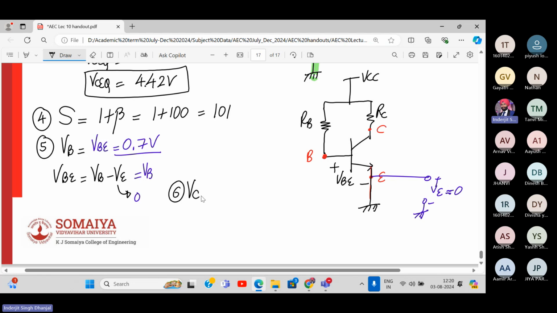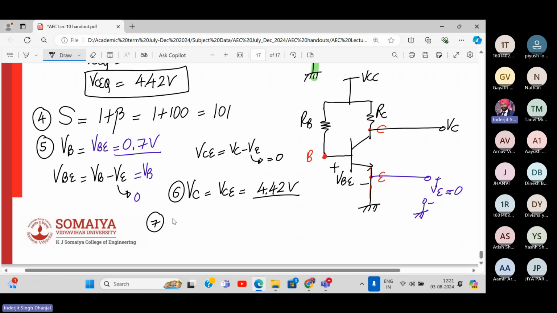How much is VC? See, VC is this. Now again, same analysis. VCE is VC minus VE. This is zero. So how much is VC equal to? VCE, which we have already determined, 4.42. Are you understanding? Yes or no?